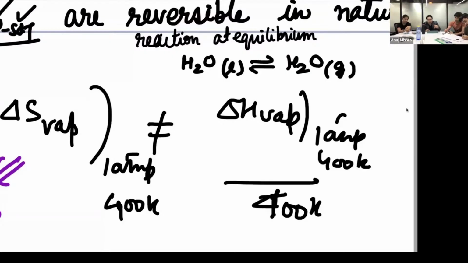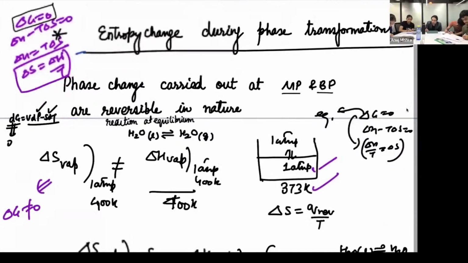Delta S of vaporization is not equal to delta H of vaporization upon 400, for 1 atm and 400 Kelvin. But the same result is valid when it is 373 Kelvin. Now please write in your understanding. Is it clear? This is how we write any phase transformation for a given temperature. This is only for water. Similarly, you can talk about other boiling points. Any problem in this?